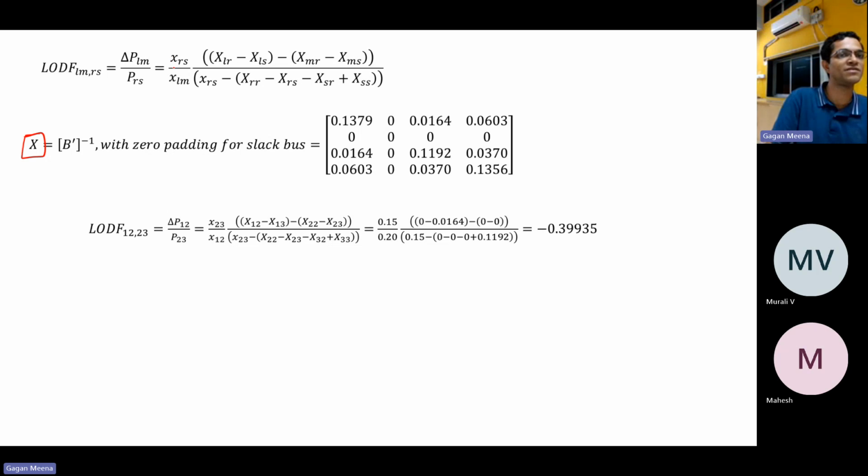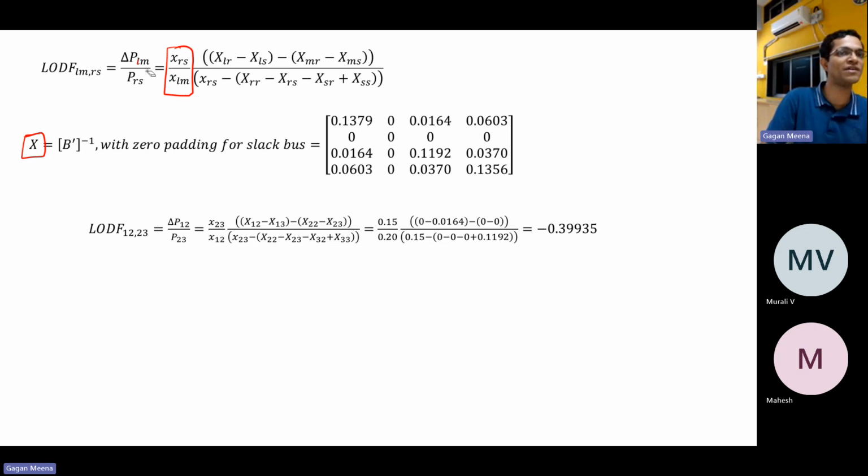The formula has x RS divided by x LM, these two being the impedances, small x's. And capital X will come from the B inverse matrix, so this is XLR minus XLS.